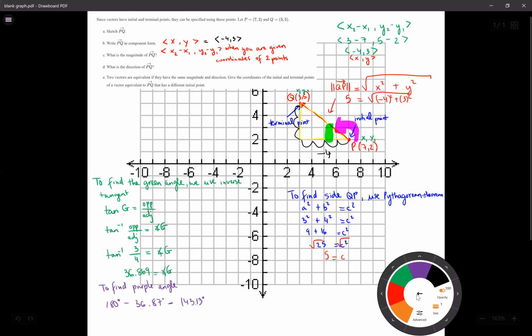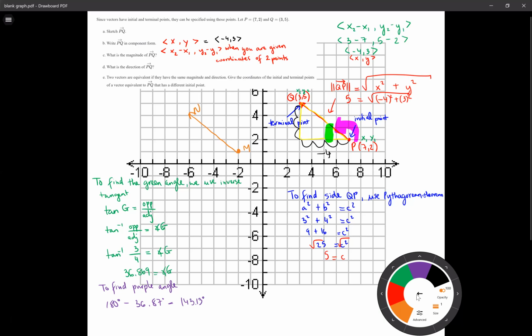I start from the initial point here, and I call it M, and then go 4 up 3. This will be N. So vector MN is equivalent to vector PQ because they have the same magnitude and the same direction.